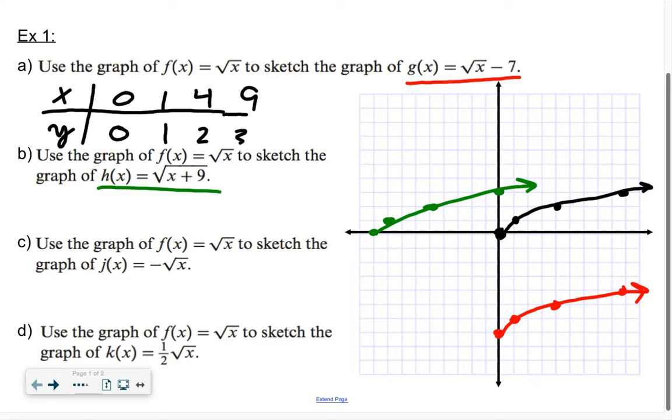Let's go to the next one. Let's look at this j of x, which is equal to negative square root of x. Now, if we put a negative on the outside, what do you think could possibly happen? Let's go back to our parabola.